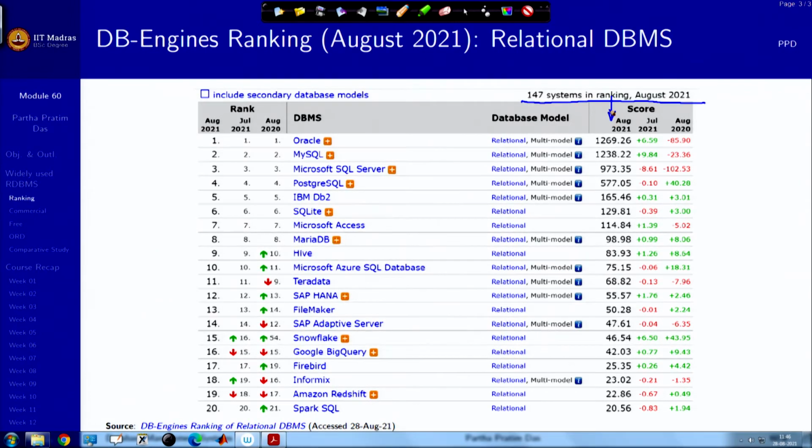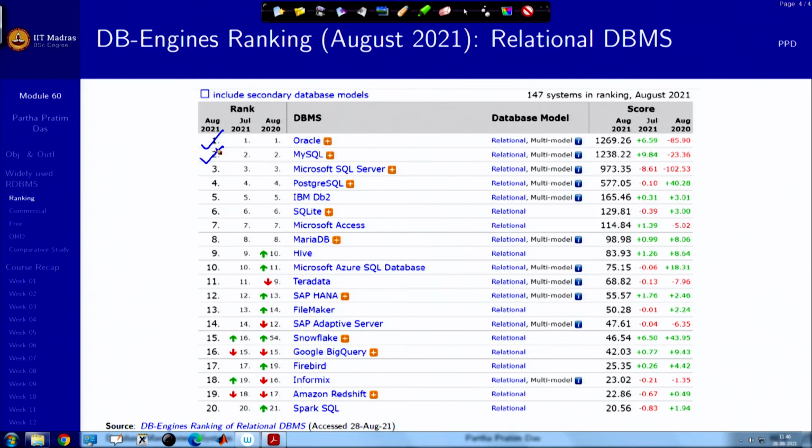To understand the rank score, you will have to go to their site and study their actual approach of doing the analysis. The site link is given below. In the next two columns, they show compared to the previous month what is the increase or decrease. Increase is shown in green and decrease in red, and likewise compared to 1 year back, what is the increase or decrease.